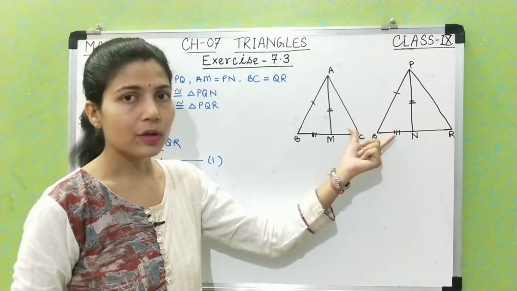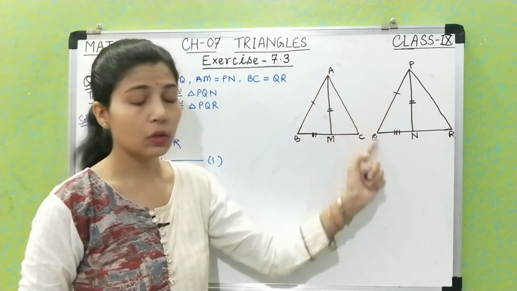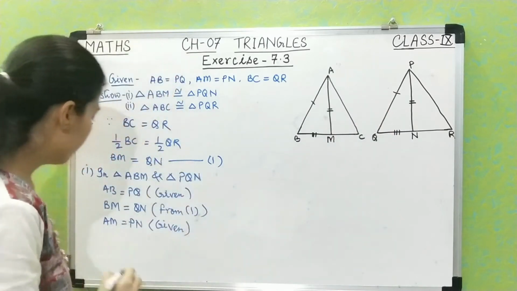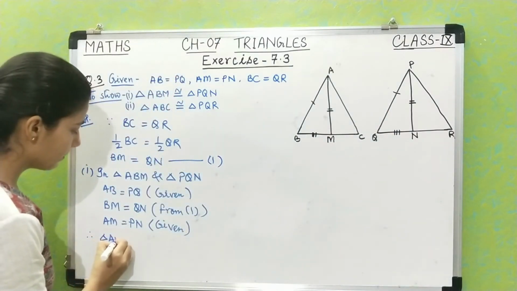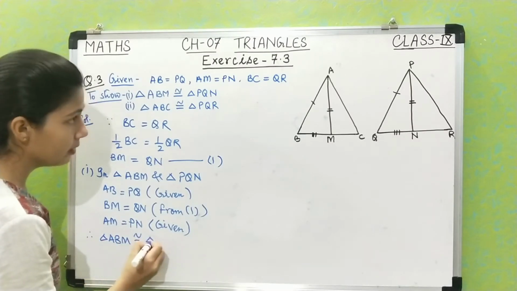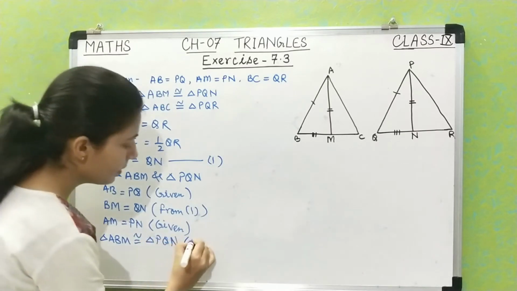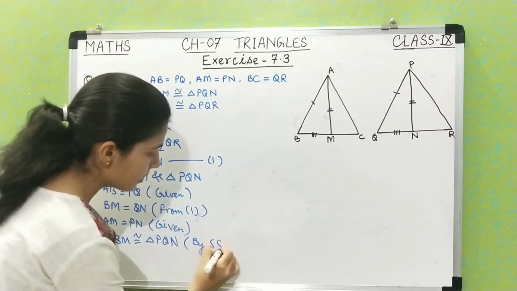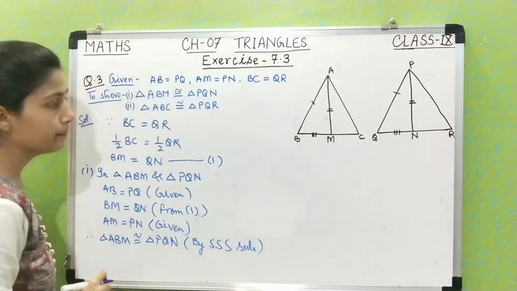So by SSS congruency criteria, these two triangles, ABM and PQN, are congruent. So we will write triangle ABM is congruent to triangle PQN by the SSS congruency rule.